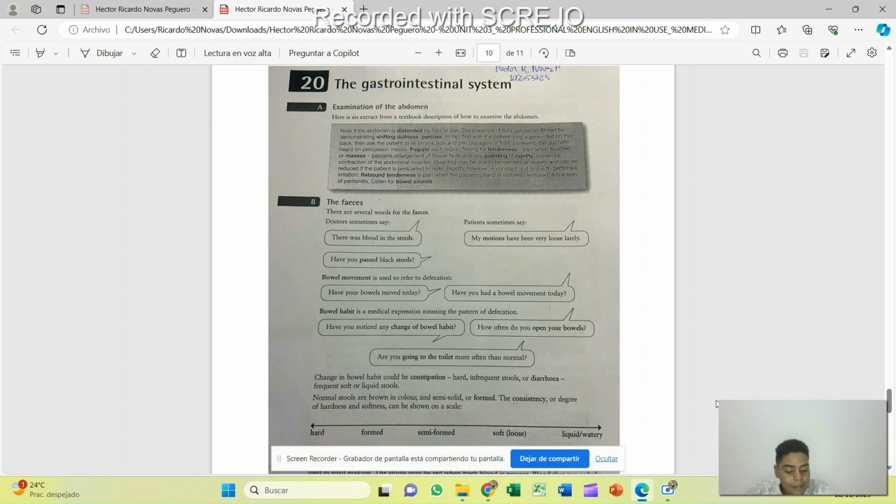Stools that are large in volume are described as bulky. A bad smell is described as foul or offensive.